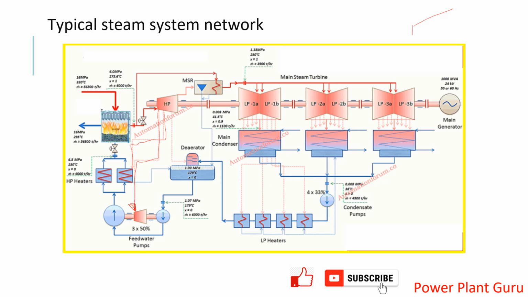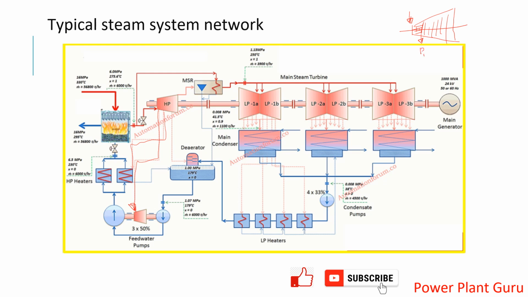Let's say we have a turbine, and there will certainly be different stages where turbine blades are there. Once you have put that steam here and it has passed through these stages, you have an extraction.